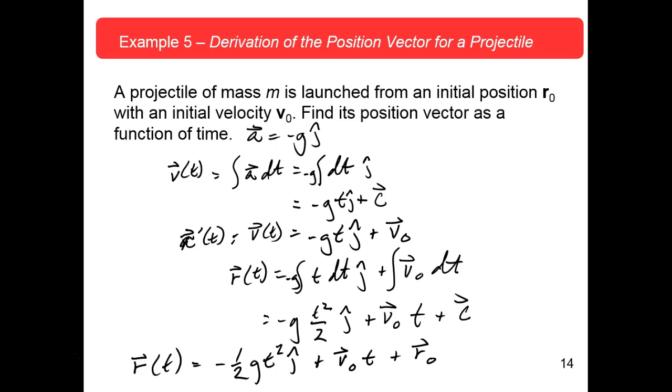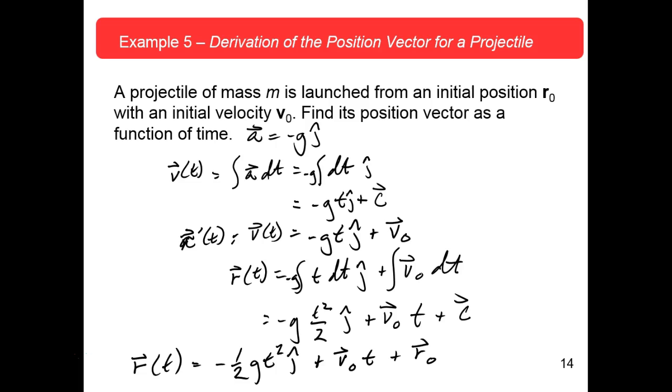Remember back in physics? Wasn't that pretty close to what you dealt with? Usually you only dealt with one dimension there. You said 1/2 gt squared plus V0 t, without the vectors on it, plus initial position, R0.